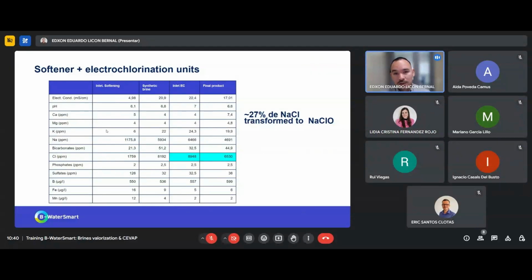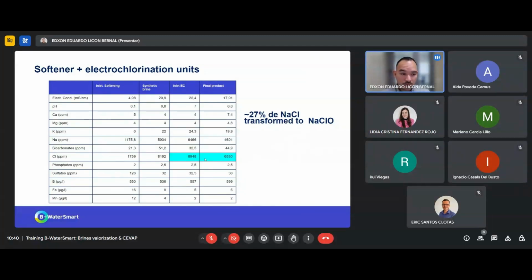This is a synthetic solution that contains nothing but sodium chloride, conventional industrial sodium chloride that does not contain much calcium and magnesium. But in order to be sure that nothing will happen, what we wanted to assure is the transformation of this sodium chloride towards sodium hypochlorite.